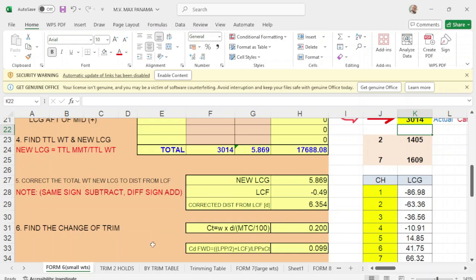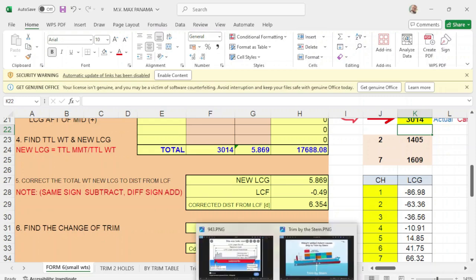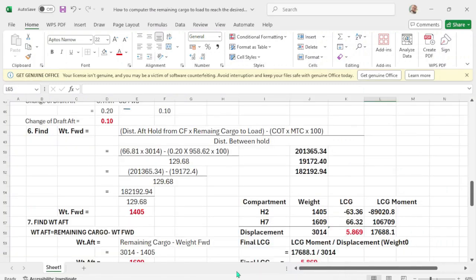Then we go to number 6, change of trim. Okay, we go to number 6, change of trim.